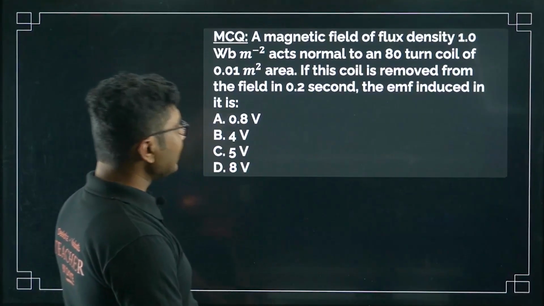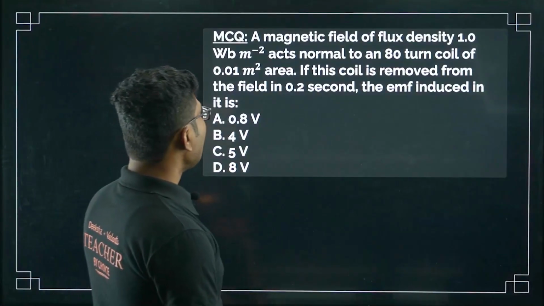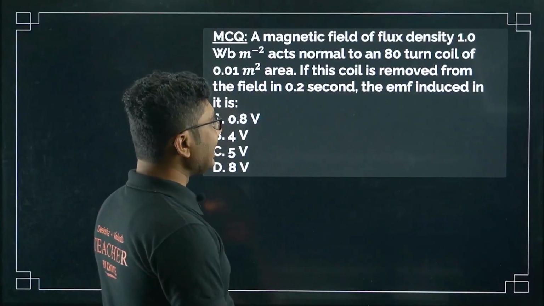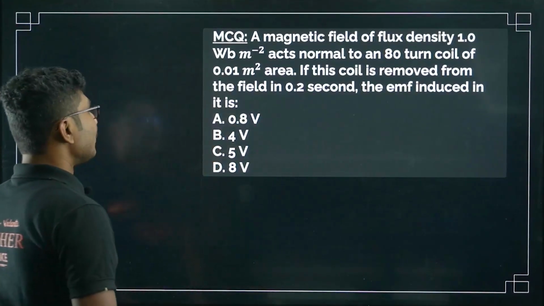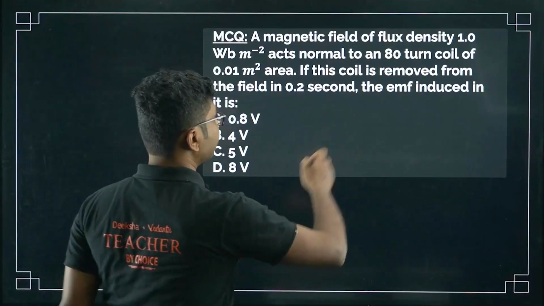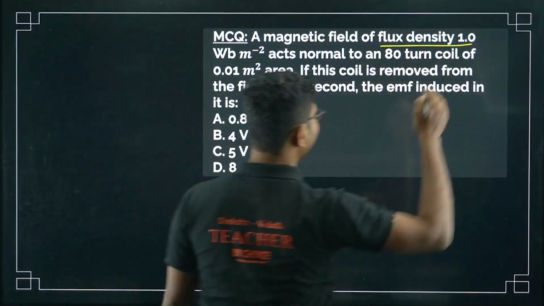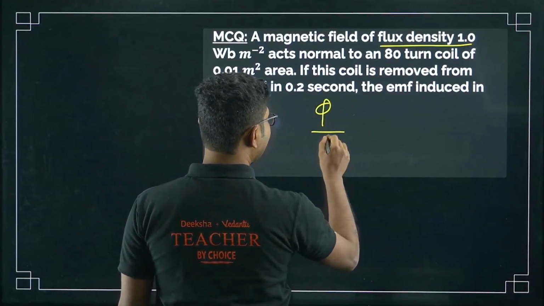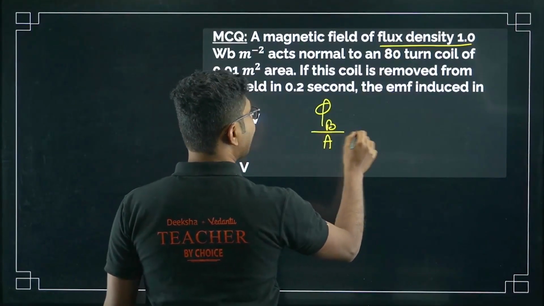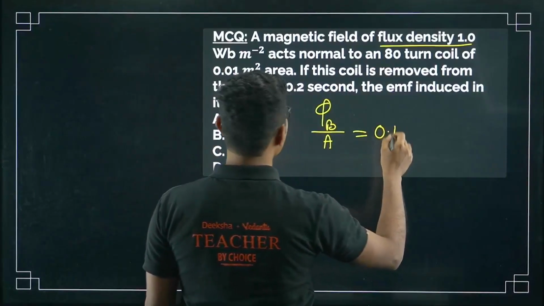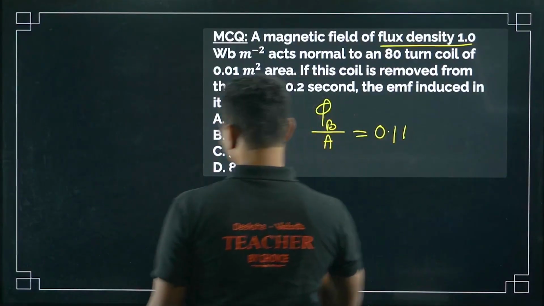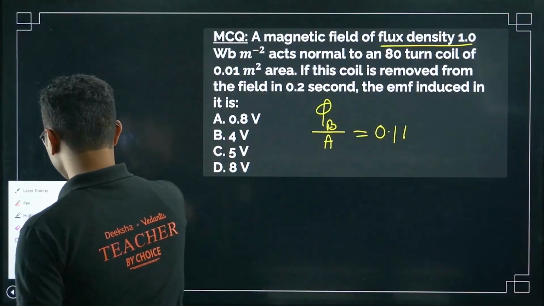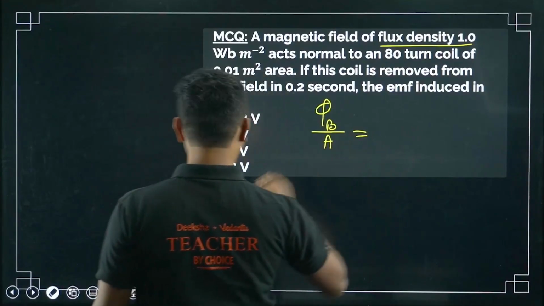If this coil is removed from the field in 0.2 seconds, the EMF induced in it is? So first of all, flux density is given, that is phi B divided by area, which is 1.0 Weber per meter square.